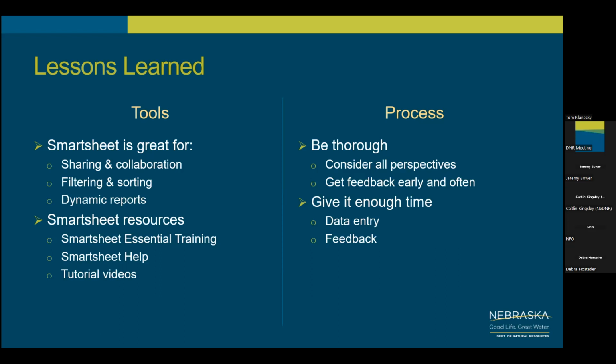You can basically pull as many columns as you want into a report. And as you update those source sheets, the report will be updated as well. You can also do some additional sorting and filtering to really highlight the information that you are interested in.